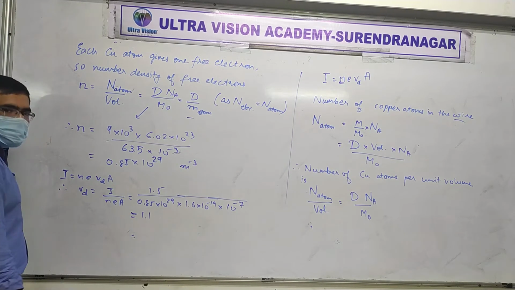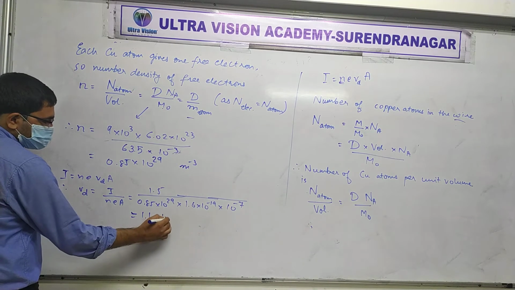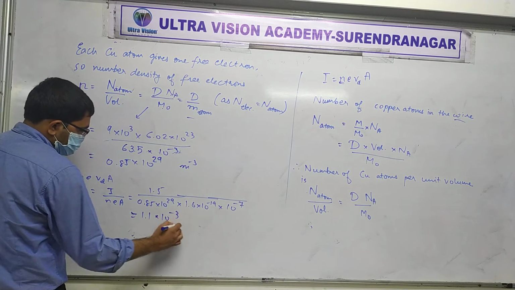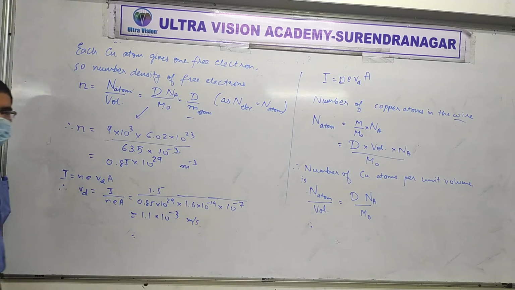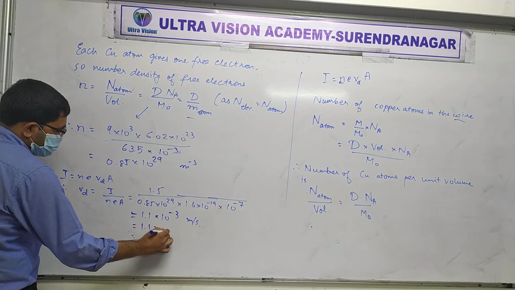So 1.1 times 10 raised to minus 3 meters per second, that is 1.1 mm per second.